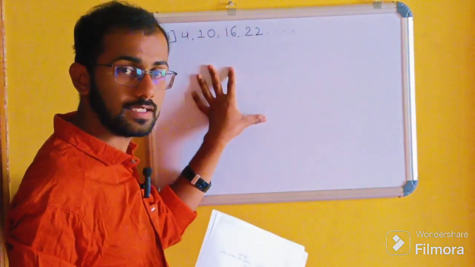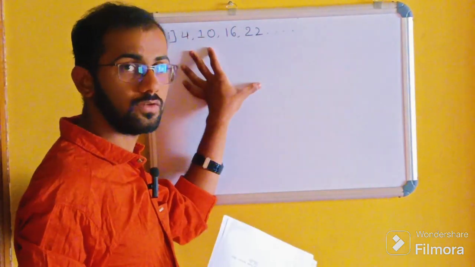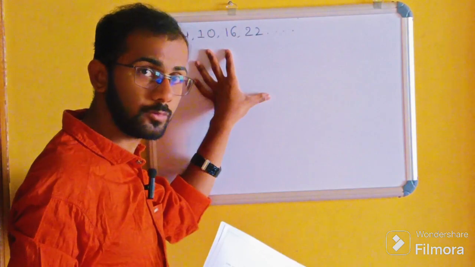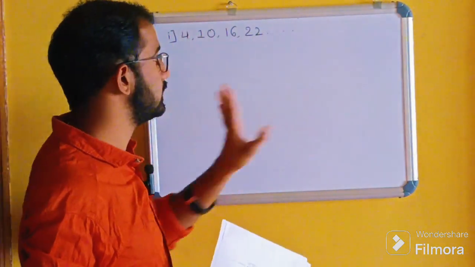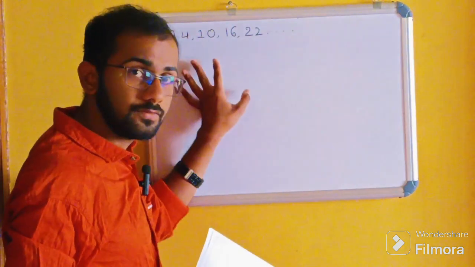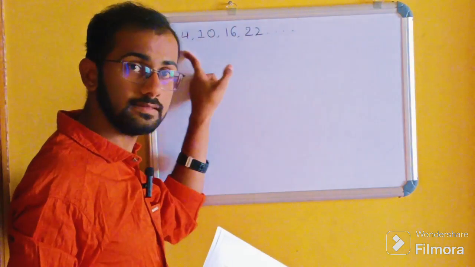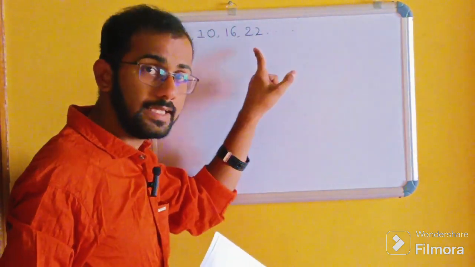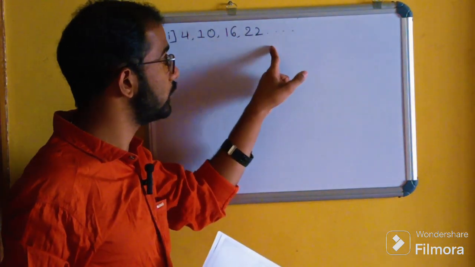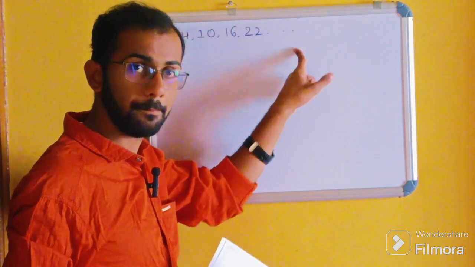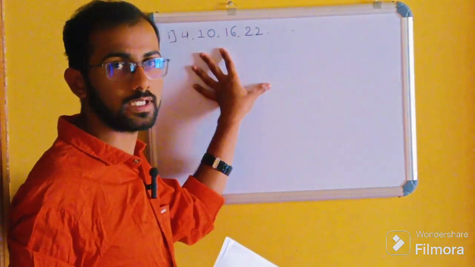In the question they have asked whether the given list of numbers forms an arithmetic progression or not. This is the first task. If these numbers are in arithmetic progression, then we need to write the next two terms, only when it is an arithmetic progression.